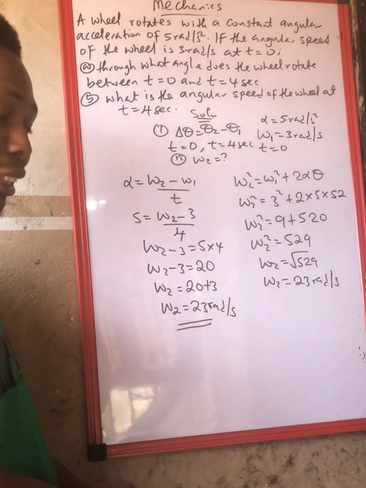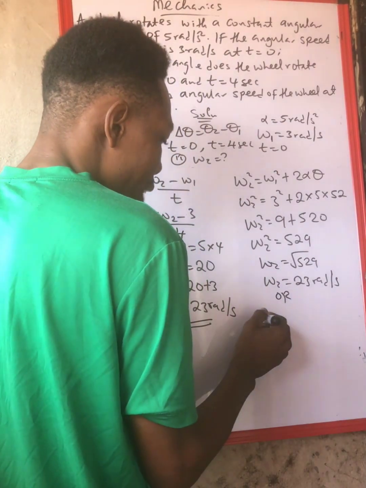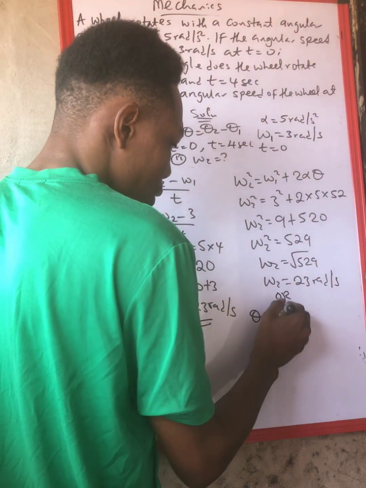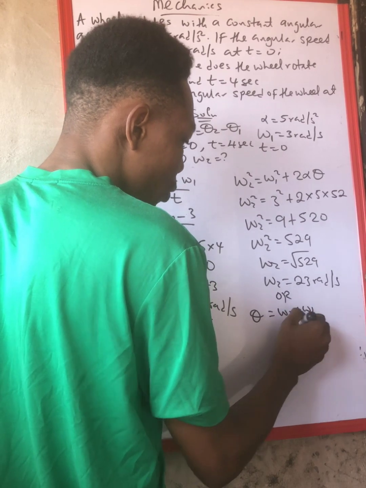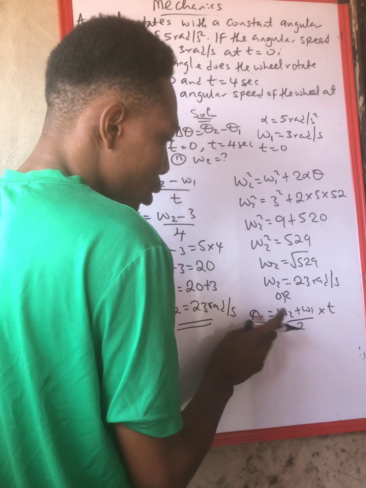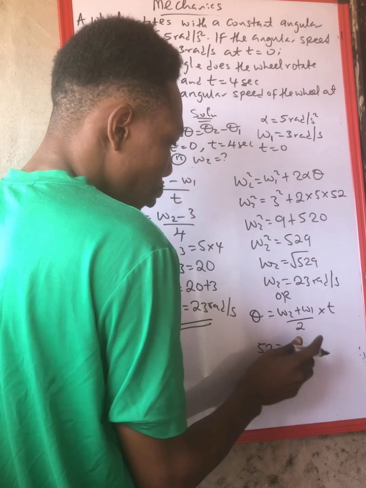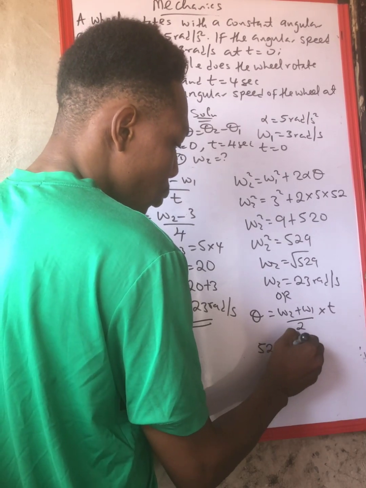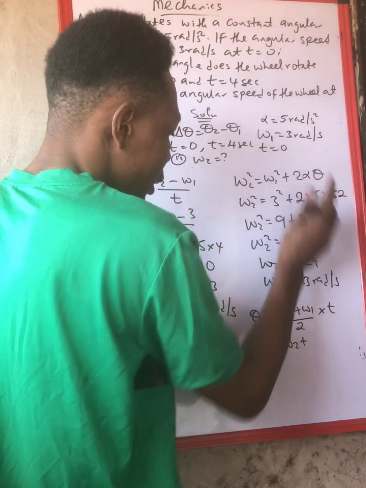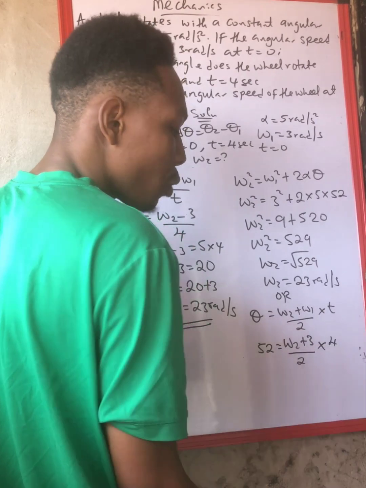Now if you don't want to use that as well, I also gave you another formula. I gave you theta equals W2 plus W1 all over 2, times T. So our theta, which is 52, equals W2, which is unknown, plus W1, which is 3, all over 2, times time, when the time was 4 seconds.